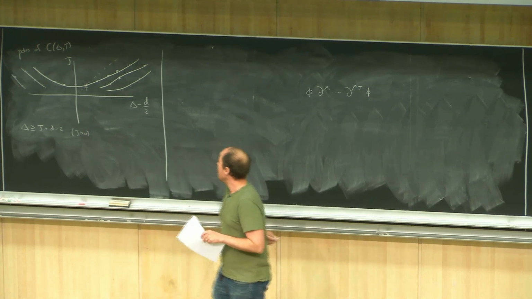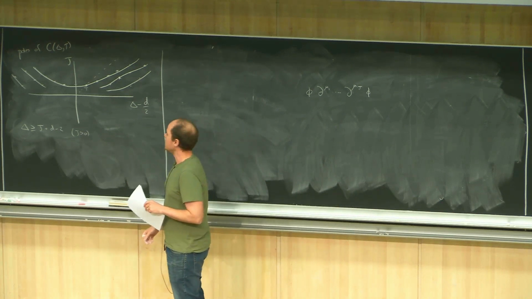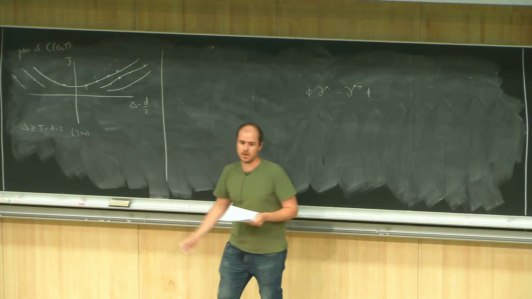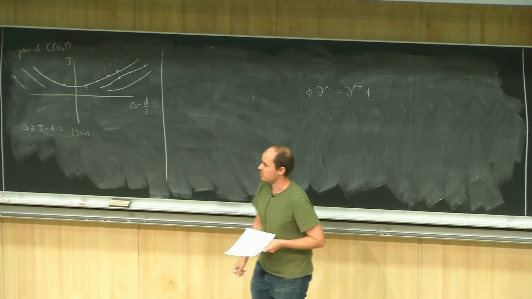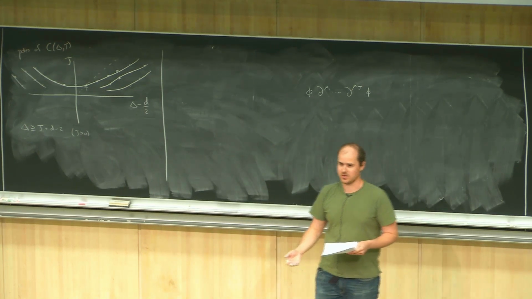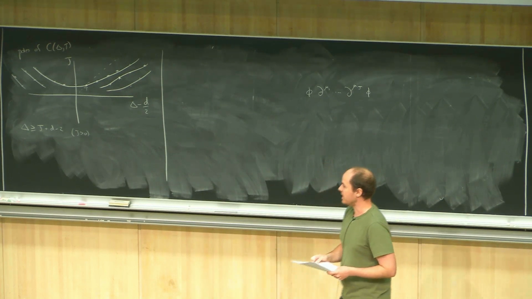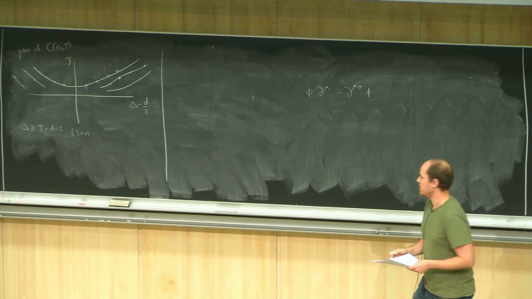Okay, so I want to answer this question. What is the rest of the Riemann surface? What is it doing and what's the physics associated with it? Unfortunately, to do that, I need to now introduce a bunch of technology. So you're going to have to bear with me again while we go through some technical things.